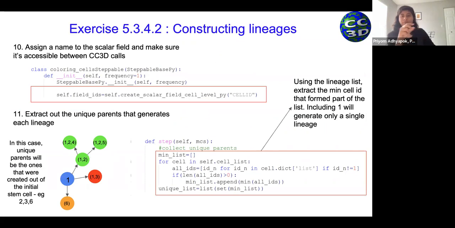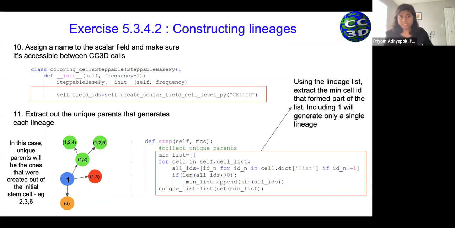One thing that we want is for this scalar field cell level to interpret the colors or some scalar value that I'm giving it to draw a visualization map. It also means that it should be accessible between different functions that my steppable class has.